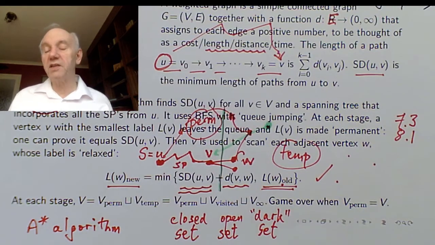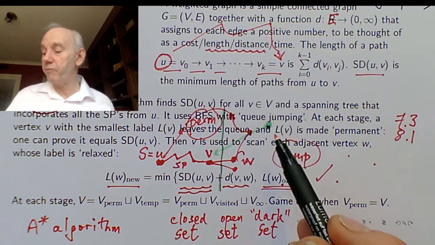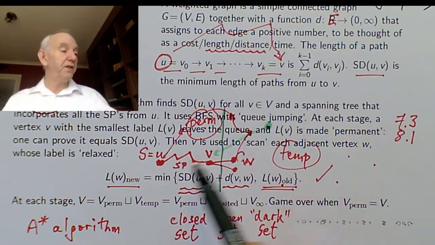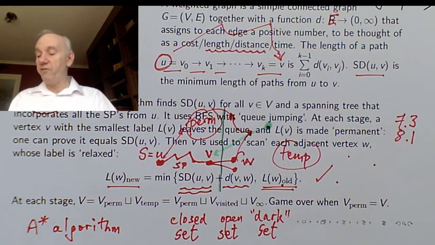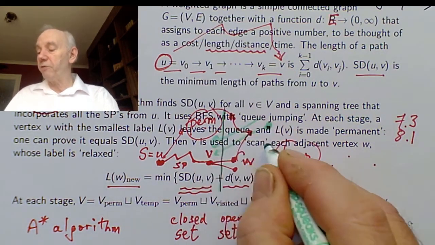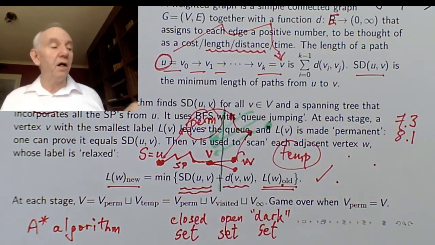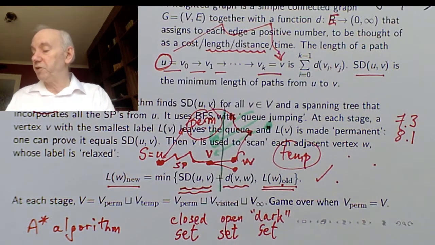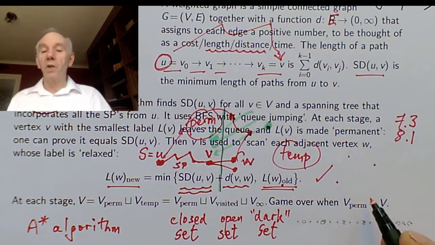And then, of course, you keep moving the vertices from the temporary camp to the permanent camp. So at each stage, just as we did before, we're labelling more and more vertices, and we're getting close to the end. And when all the labels have become permanent, obviously you've finished the algorithm.